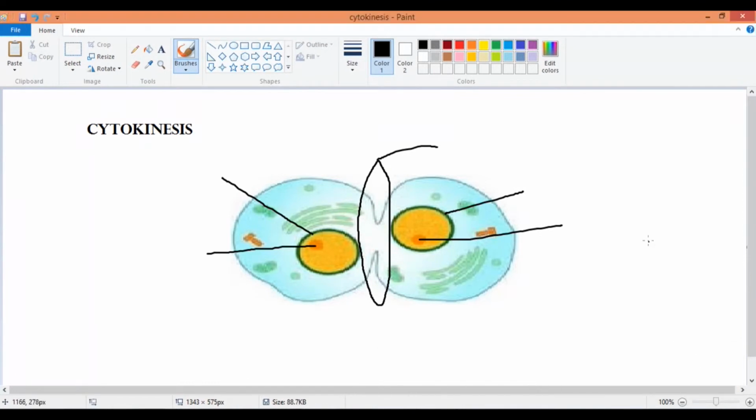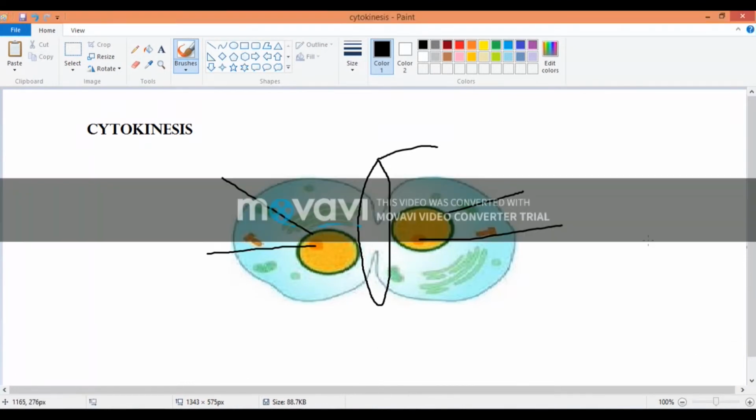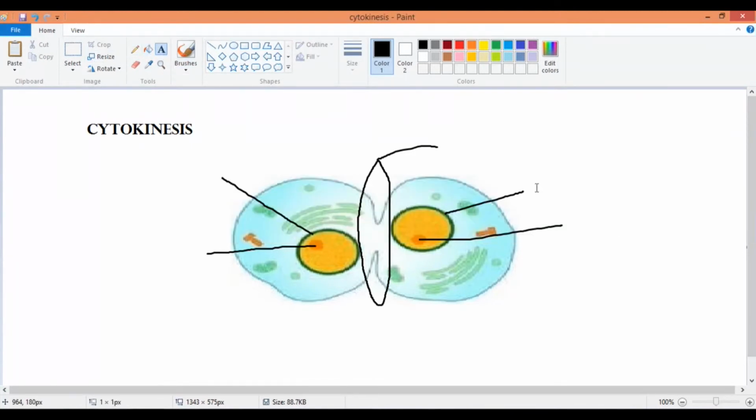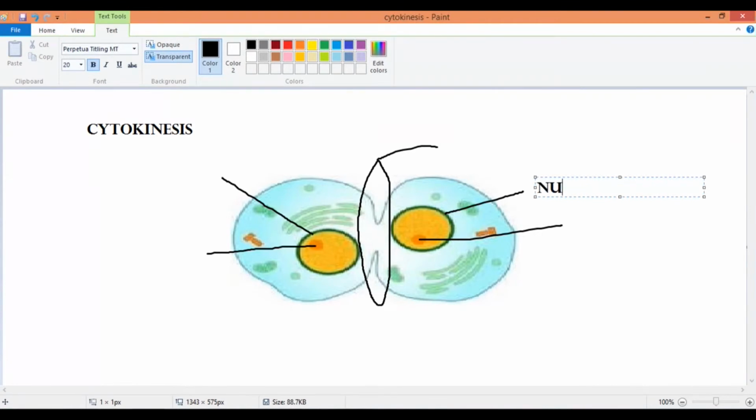Next stage is cytokinesis. Before telophase, I would like to present an additional stage which is called cytokinesis. On this stage, the nuclear membrane reforms. As we have seen, the nuclear membrane in the prophase had breakage, but now the nuclear membrane has reformed.